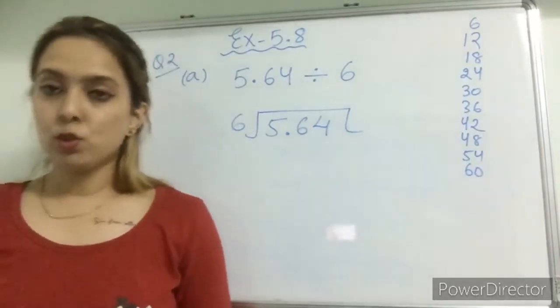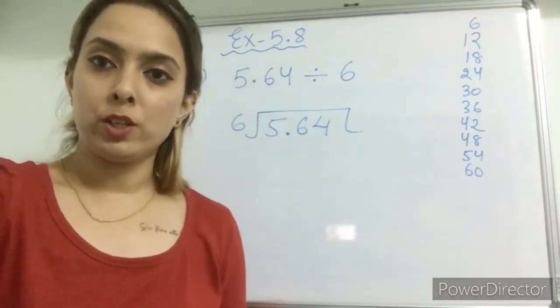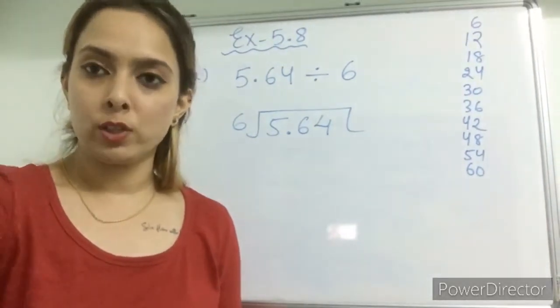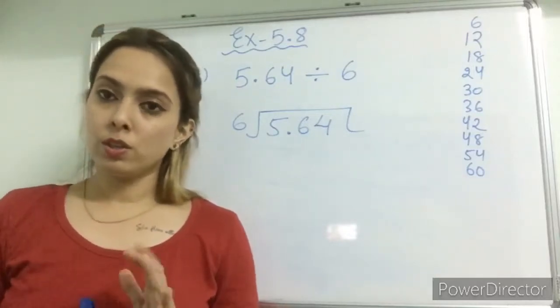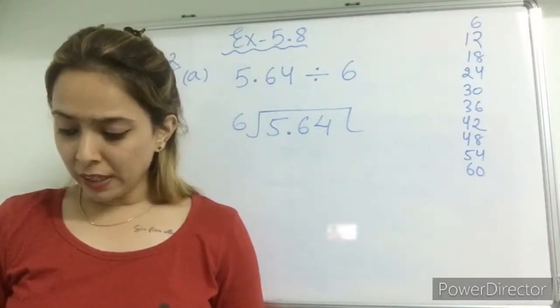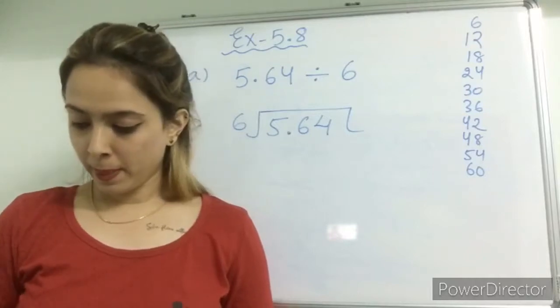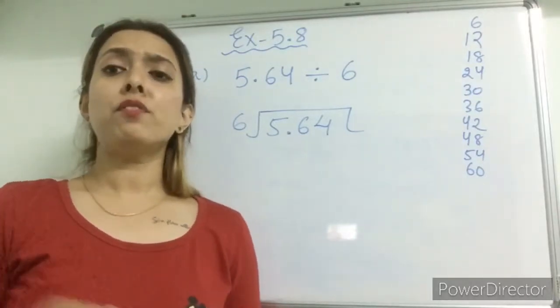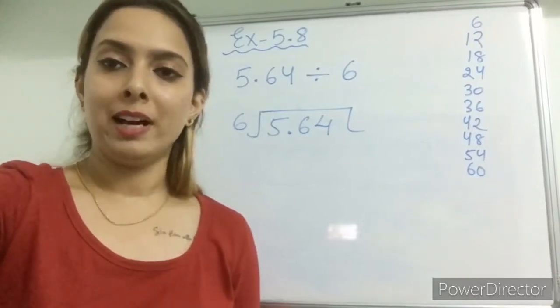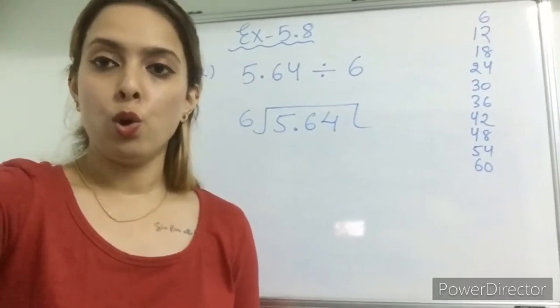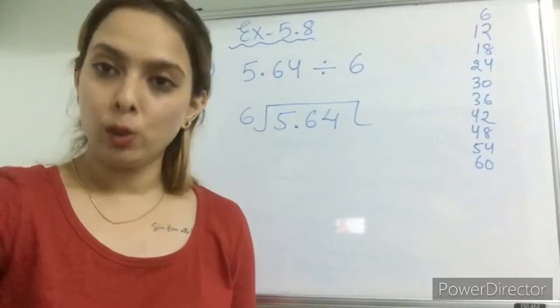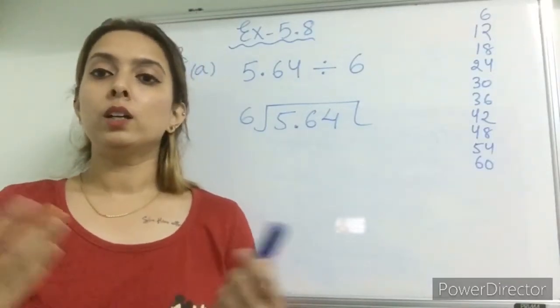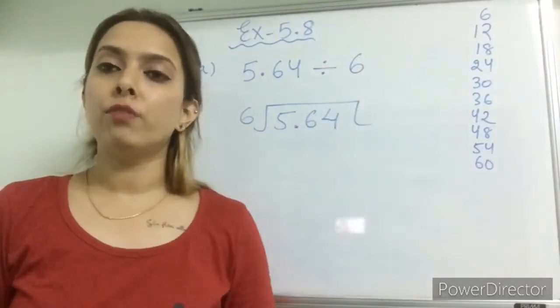Now question number 2. Let's read the question. It's a little different. Find the quotient. If there is a remainder, take the help of a 0. Means if we are getting any remainder other than 0, we can add 0 to it to divide it further.